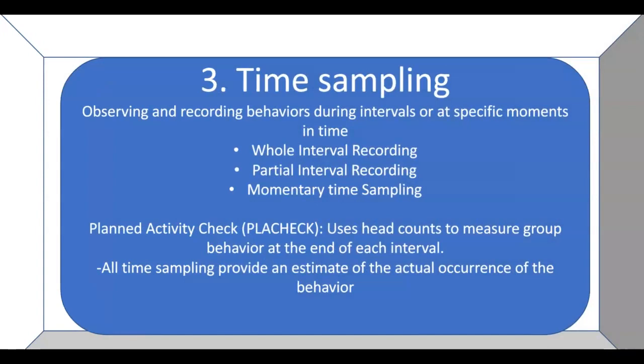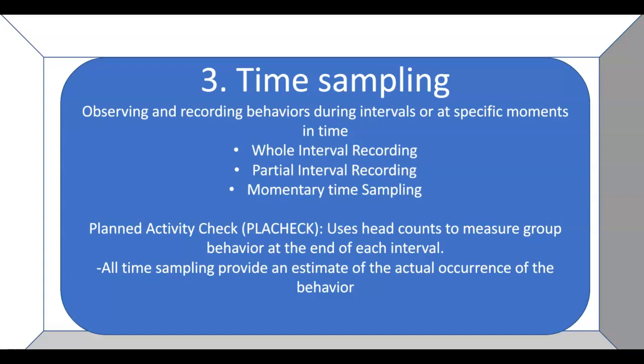So now let's talk about time sampling, and these are discontinuous measurements. So observing and recording behavior during intervals or at specific moments in time. So there are three kinds of time sampling: whole interval recording, partial interval recording, and momentary time sampling. We're going to talk about each one of them, but also there's planned activity check, which is used with a large group.